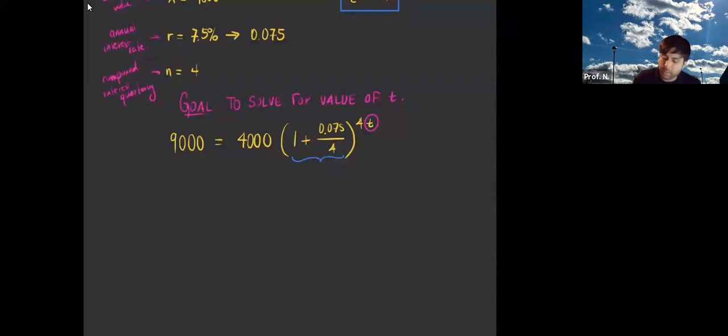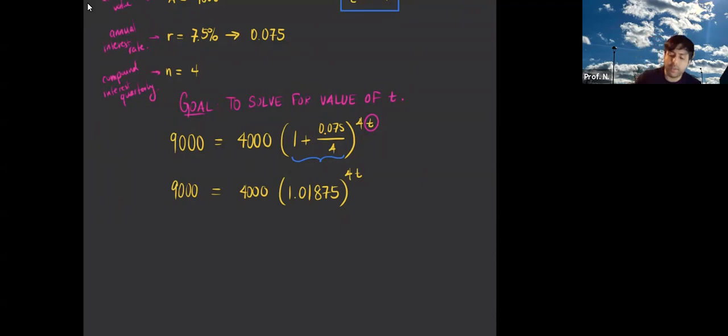And I get this number here, so I'm just going to rewrite this. So I get 9,000 equals 4,000 multiplied by 1.01875 to the 4t. So that's what the expression within the parentheses becomes.